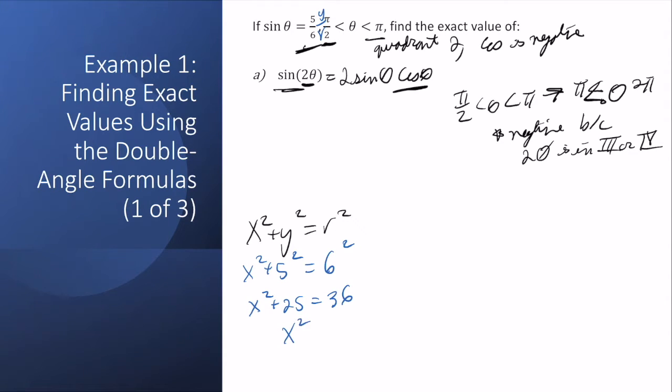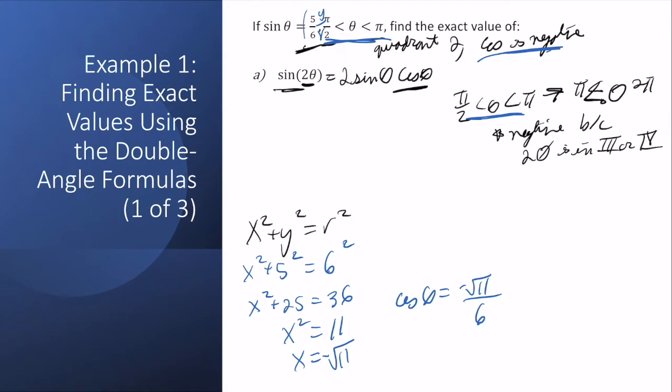So x squared is going to equal 11. So x equals square root of 11, which is negative, right? Because cosine's negative in between pi over 2 and pi.